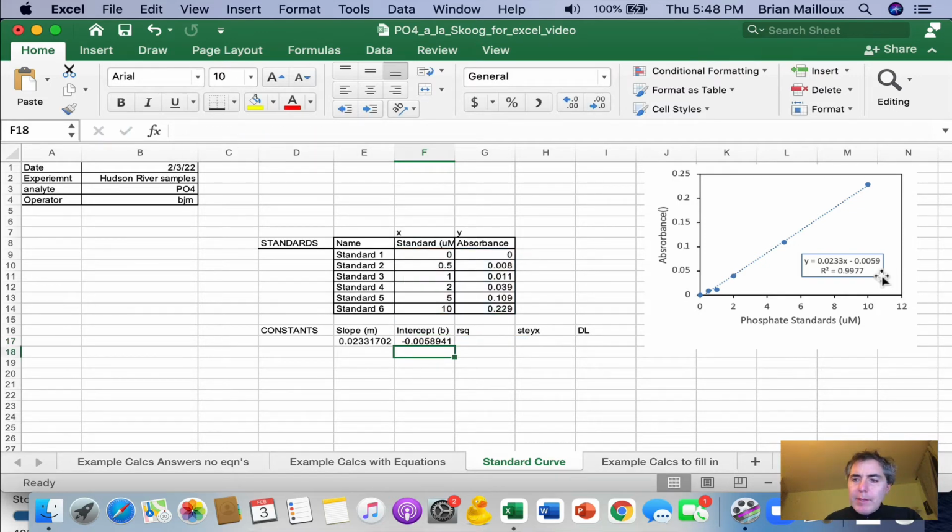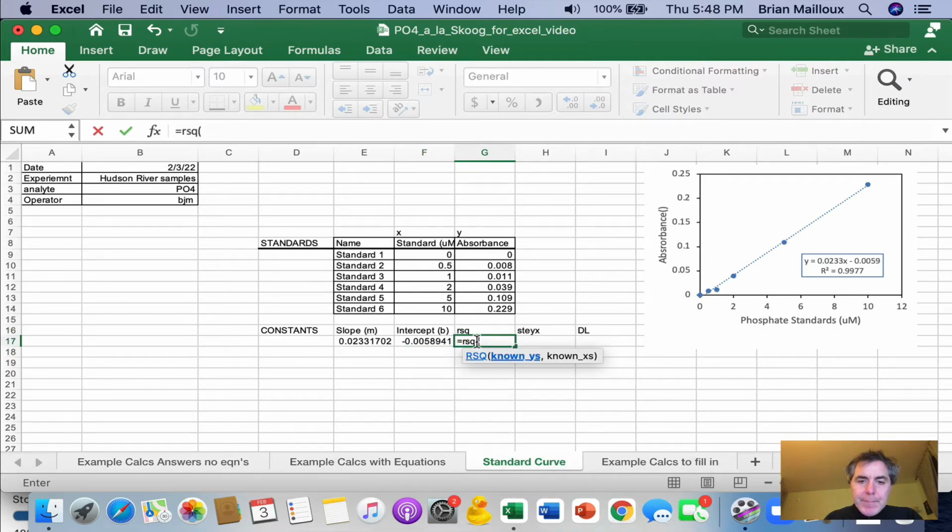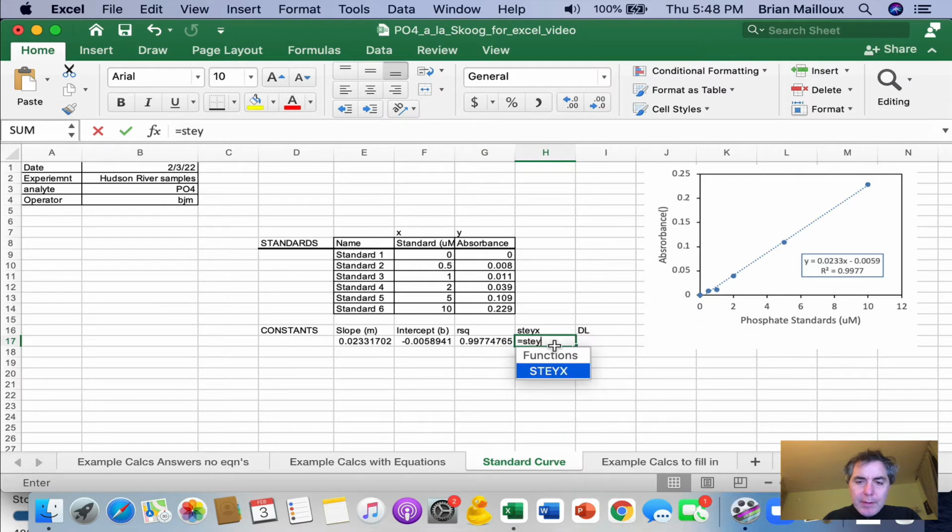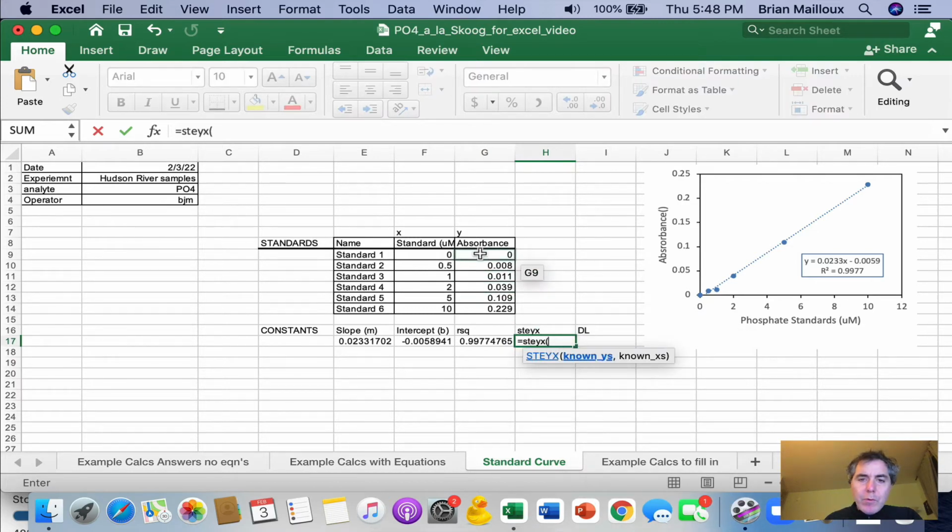Then you can see they should be matching what's up on the graph. R squared, there's a function for RSQ, known y's, comma, known x's. Right, same matches. Psi x equals steyx, known y's, comma, known x's.